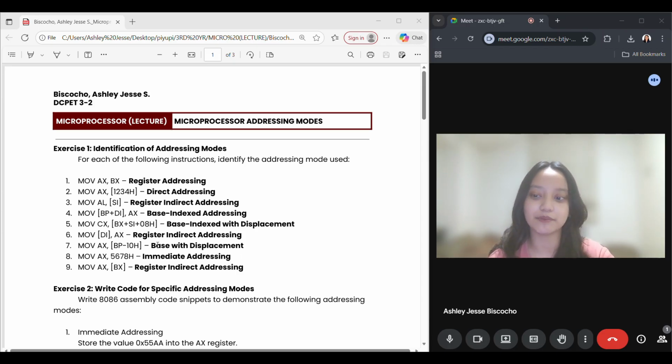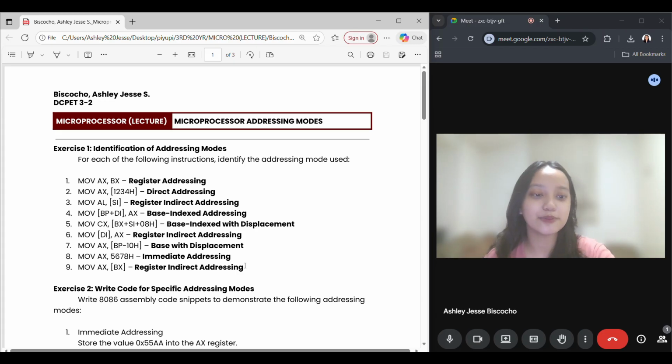Immediate addressing, MOV AX, B678H, uses immediate addressing where the data itself is provided directly in the instruction. MOV AX, [BP-10H] is also the same as number 4, base index addressing.